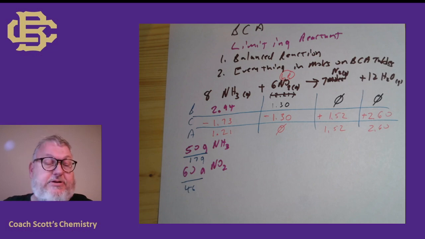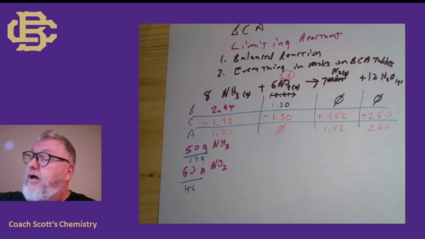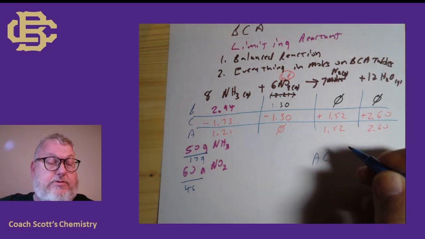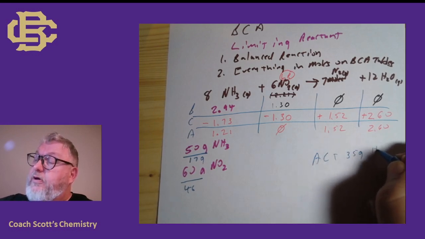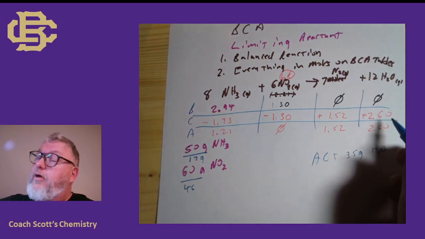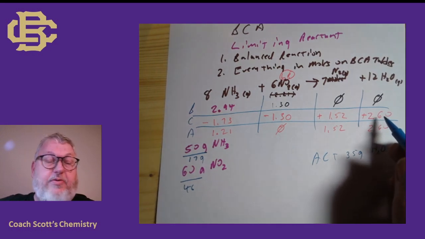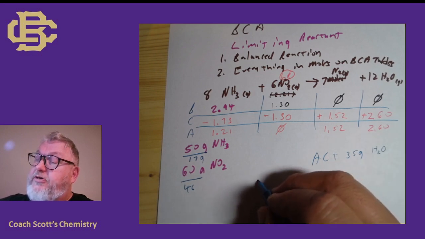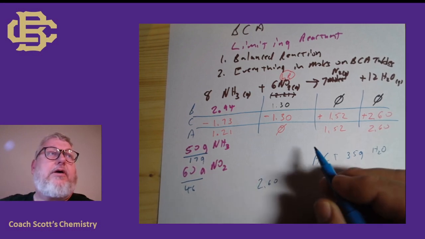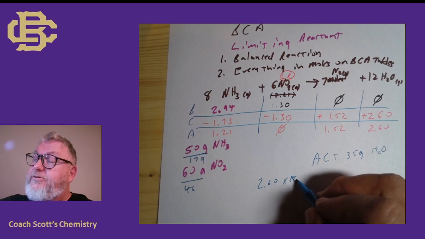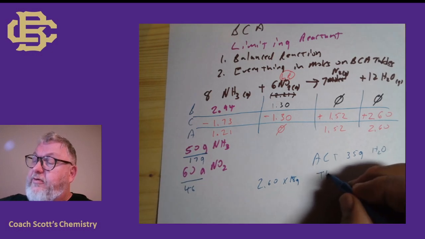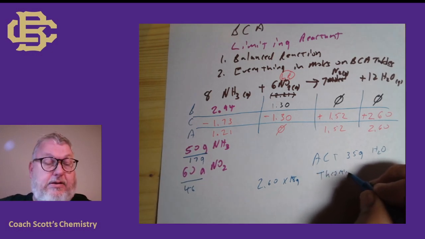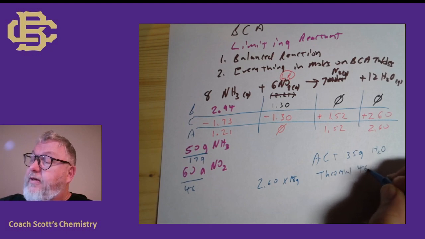Let's say, for instance, that you actually produced 35 grams of water vapor, H2O. What's your percent yield? Well, I'm going to have to figure out my theoretical yield of water vapor. So I'm going to take 2.6 and multiply it by 18 grams per mole, and that's going to give me a theoretical yield, or how much I'm supposed to make, of 46.8 grams.